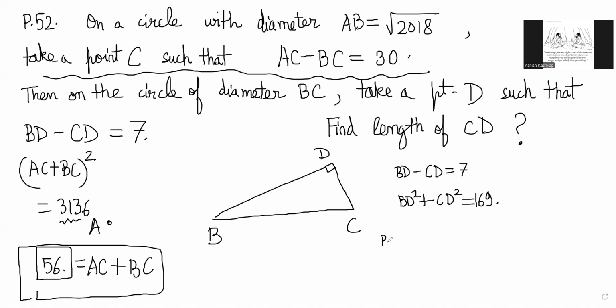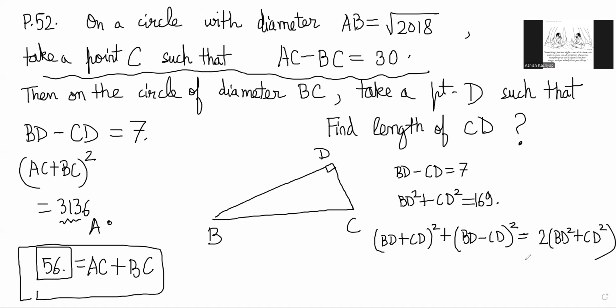Now we will take advantage of BD plus CD whole square plus BD minus CD whole square should be twice of BD square plus CD square. And we know BD minus CD whole square is 49. And this is 2 times 169, which is 338.